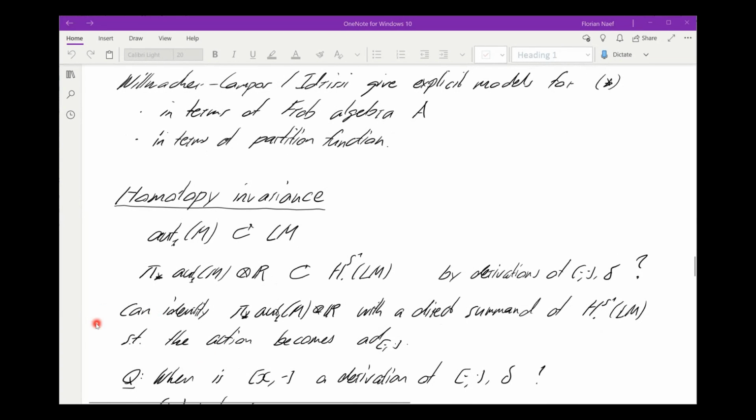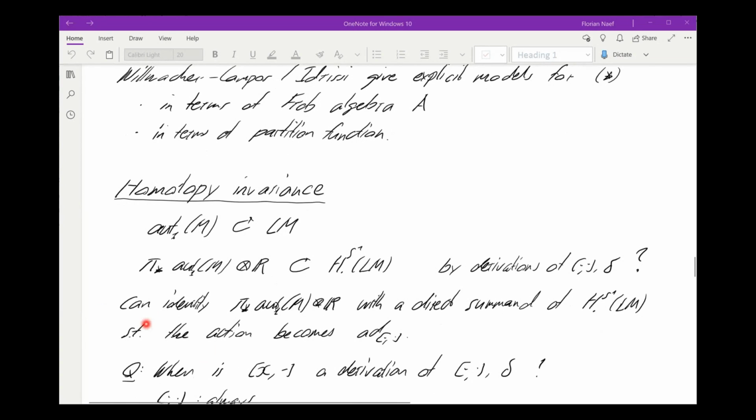Here what one can do is that there is a rational model for these homotopy automorphisms, and if you compute it, it turns out it's more or less just the direct summand of a cyclic homology. Under this identification, one can show that this action from before just becomes the adjoint action.